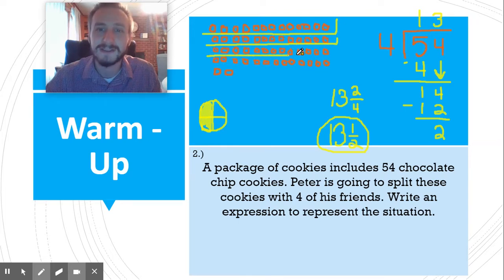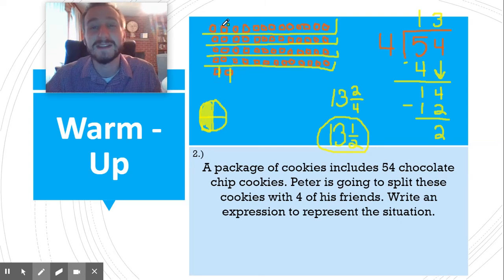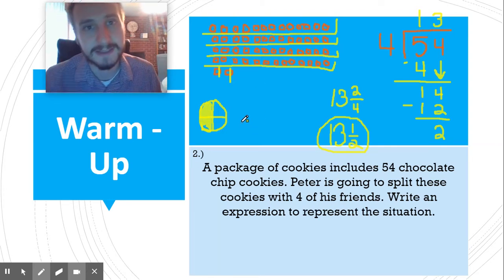Another friend gets 13. Another friend gets 13. And there's our 2 remaining cookies. Well, if there's 4 friends, if we just split these up in half, each friend gets 13 cookies and half of a cookie. Okay, so this is kind of what we're going to be looking at in this chapter.